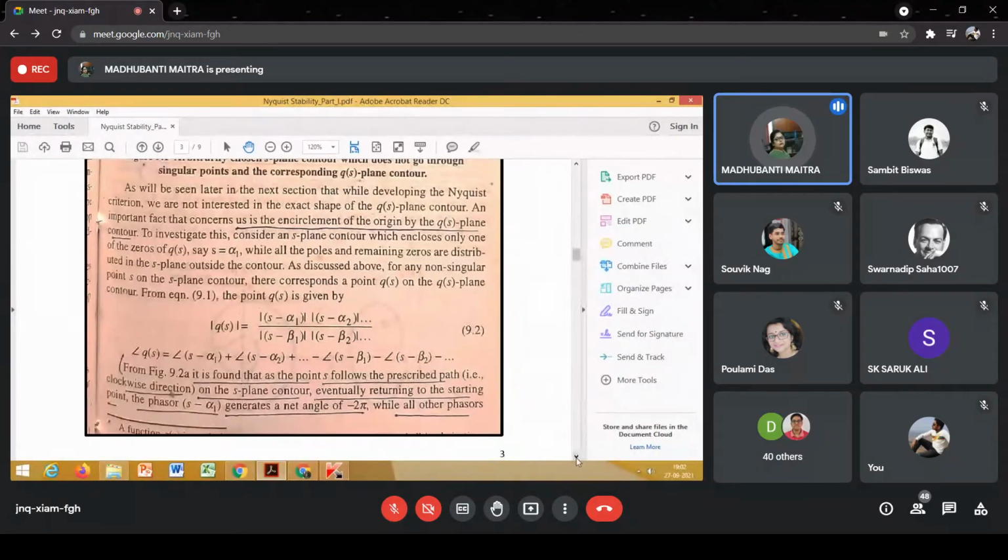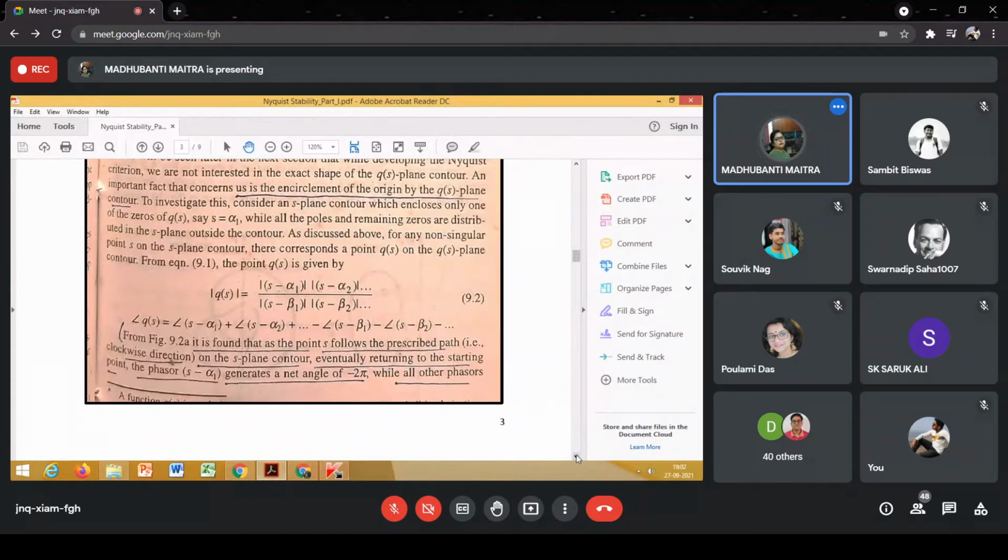And what about the phase angle of Q(S) at a point? For a point S equal to S1, the phase angle of Q(S) will be equal to the summation of the angles contributed by the zeros, which will be positive since the zeros are present in the numerator, minus the summation of the angles contributed by all the poles, since the angle contribution of each pole will be negative.